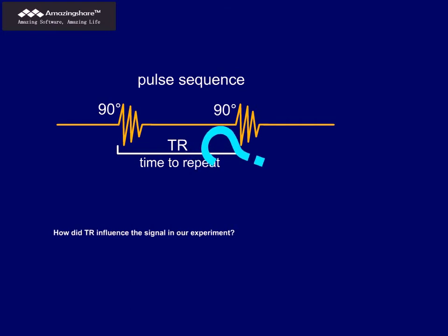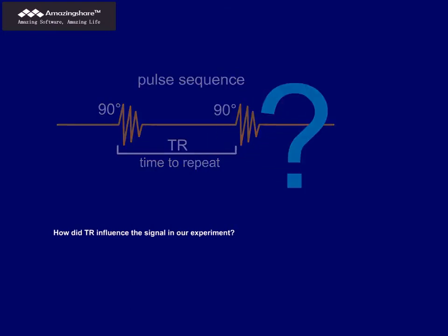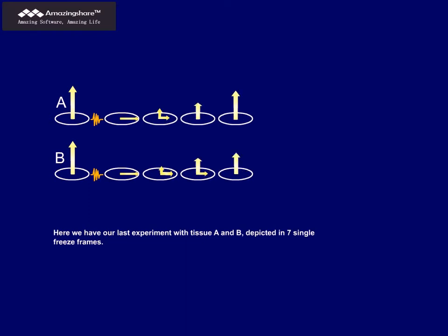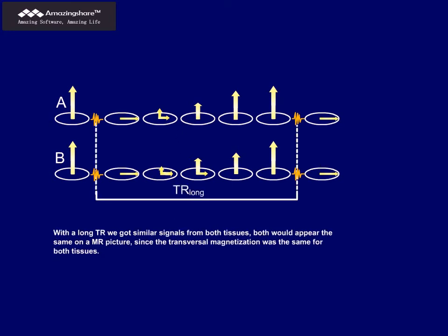How did TR influence the signal in our experiment? Here we have our last experiment with tissue A and B, depicted in 7 single freeze frames. With a long TR, we got similar signals from both tissues. Both would appear the same on an MR picture, since the transversal magnetization was the same for both tissues.